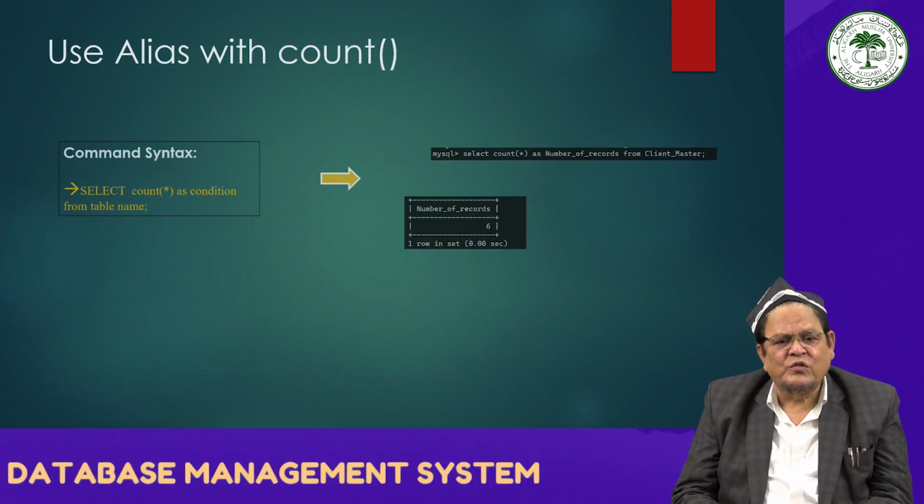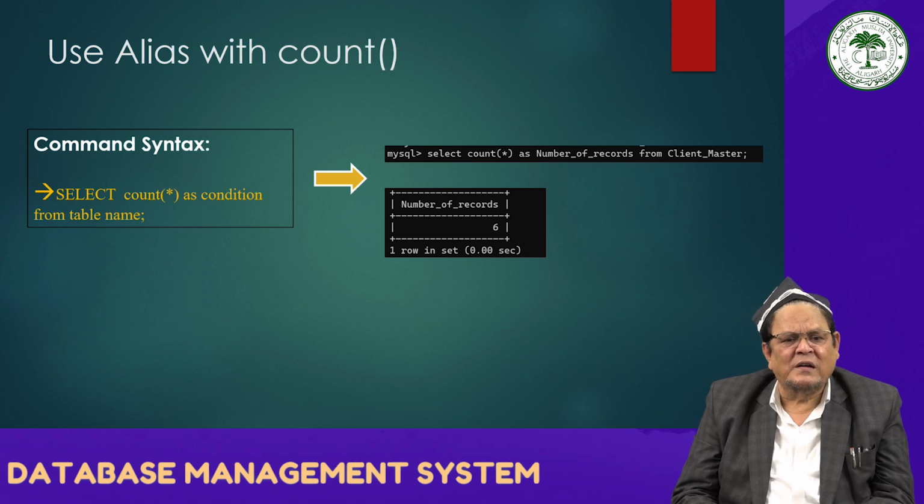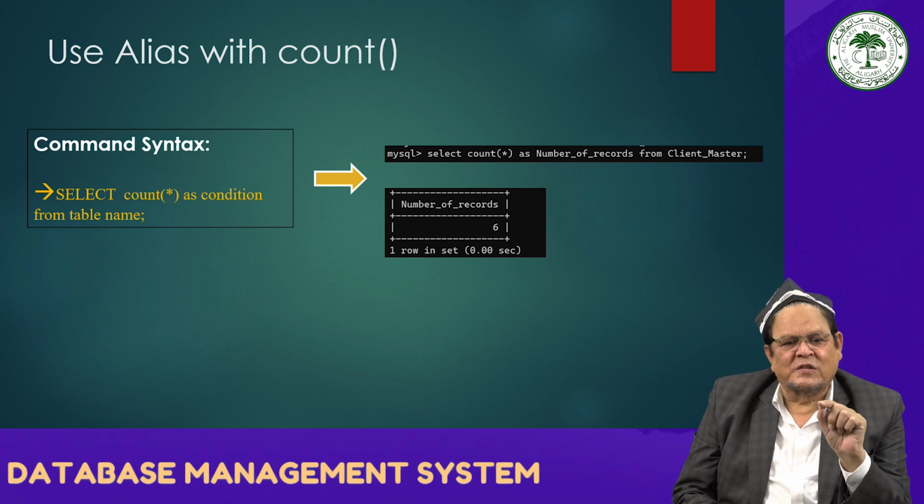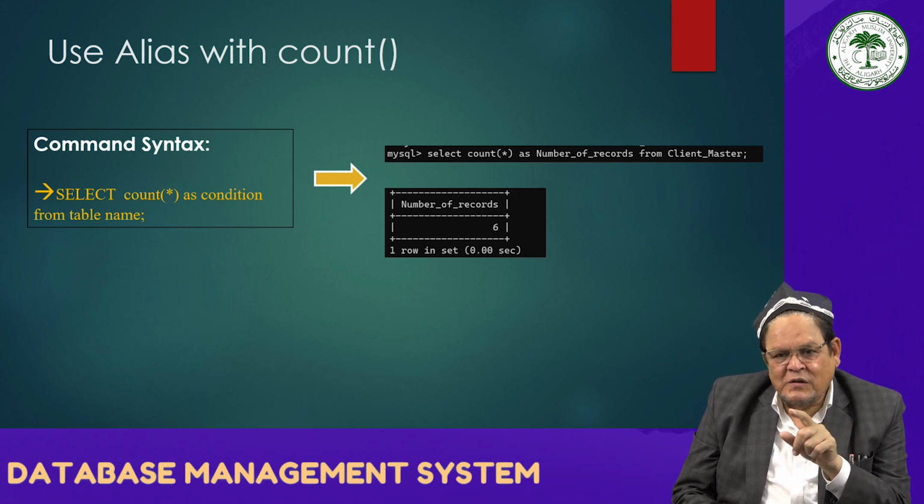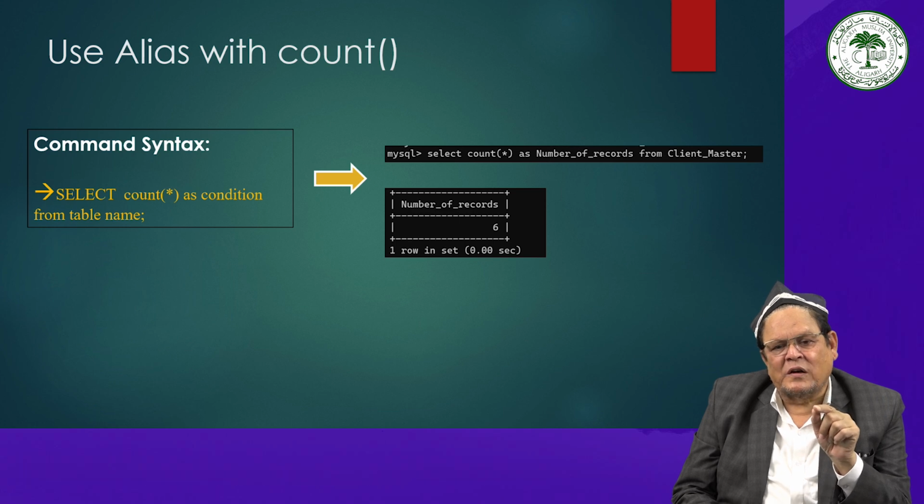How will you use this one? The command syntax is select count star as condition from table name. How do you write it? Select count star as number of records. Instead, as a condition you may write total marks of a student, record.